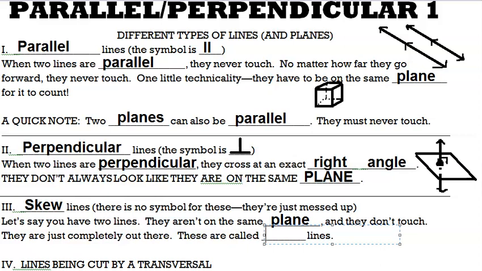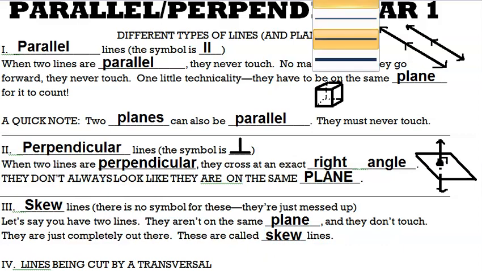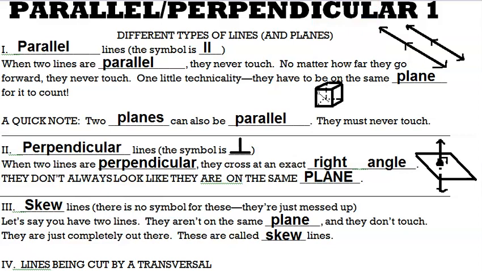They are just completely out there in outer space. Those would be skew lines. So again, if you took one line, and let's say you had a line that you drew on the front of a box. So let's say like this. So you have this line, and you draw it on the front of the box.